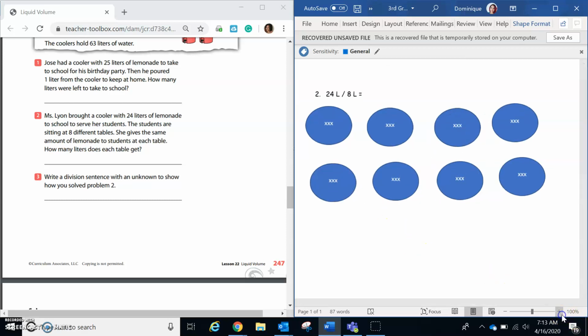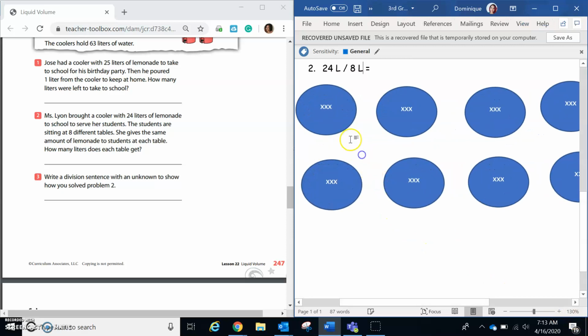Now if we look, let me zoom in a little bit. Each table you can see has 1, 2, 3 X's in them, or those are our liters of lemonade. So how many liters would each table get? Well, if we look, everybody has 3 liters. I'm going to put 3 liters.